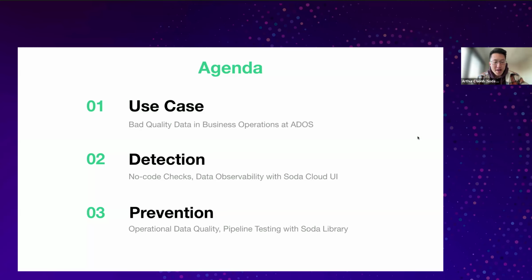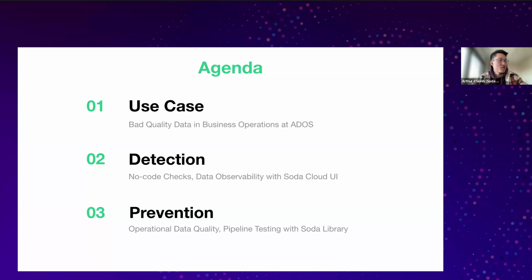So if we have a look at the agenda for this webinar, firstly, we'll be having a look at the use case where we see an example of bad quality data in the business operations department at a fictional company called ADOS.